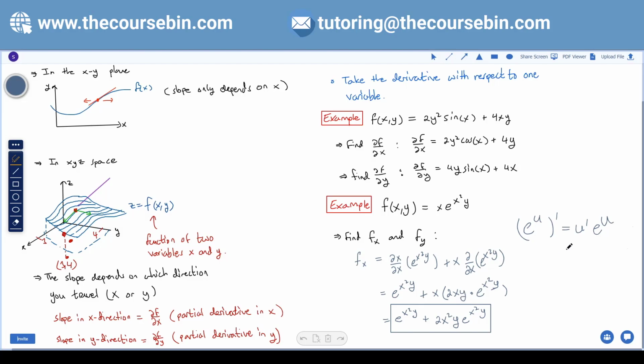Right, so we're just following the same rules. It's just that y is a constant. So we're treating y as a constant while applying the product rule and the chain rule.